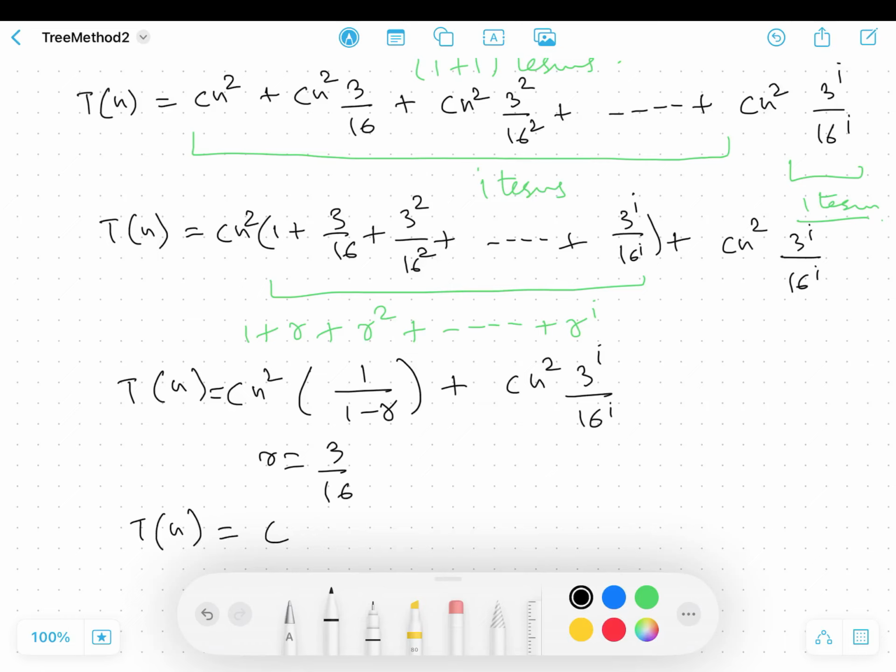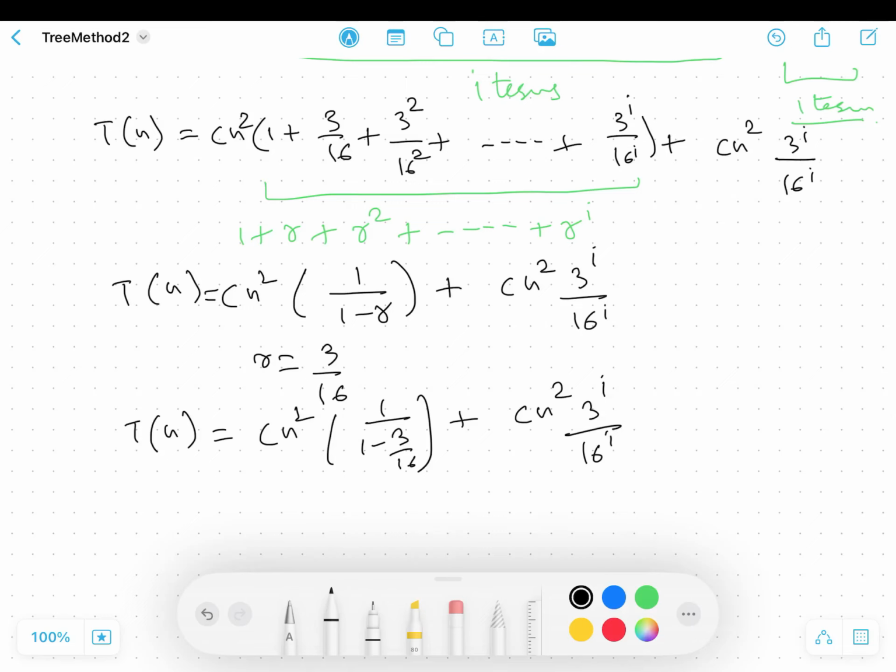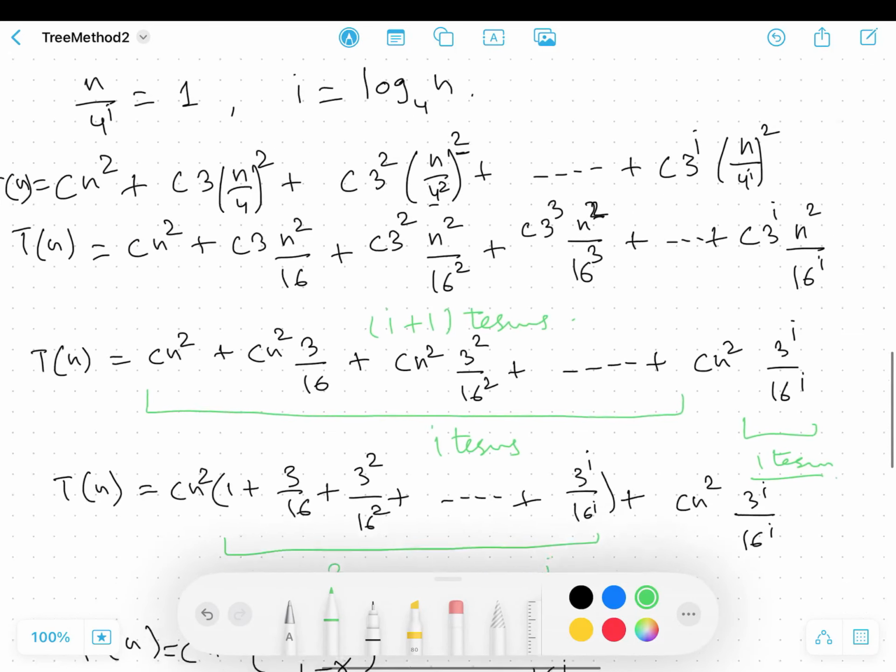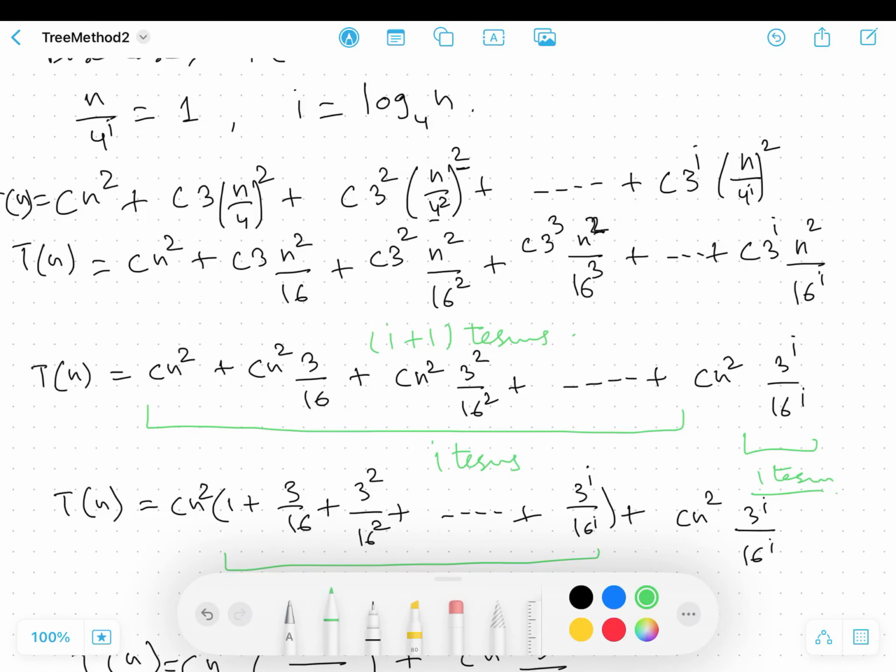So this will be Cn square times 1 upon 1 minus 3 upon 16 plus cn 3i upon 16i, right? Okay, so we are done with solving this term. Now let's take this one. This is our last level, which is I plus 1th level, right?